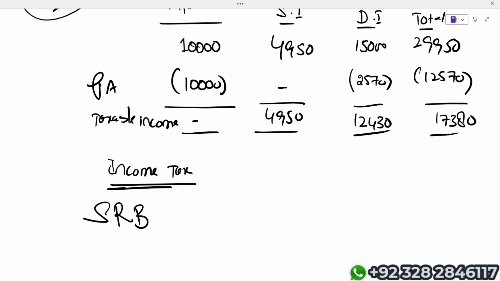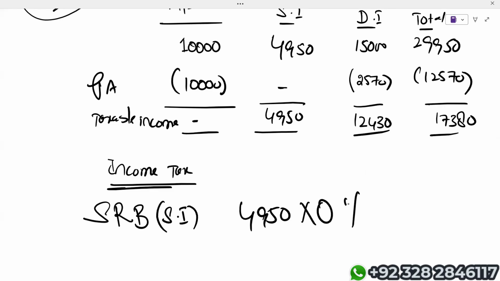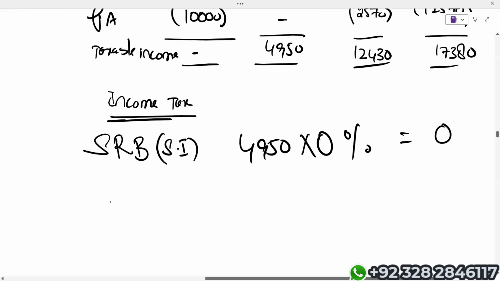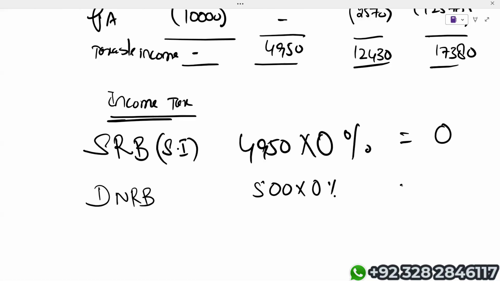Starting rate band, saving income: the entire 4950 falls in the starting rate band, and tax is going to be 0. When it comes to dividend income, we know that every individual gets a nil rate band of 500. Dividend nil rate band is £500 at 0%, which is 0. Out of this 12,430, we have taken 500 in the nil rate band.